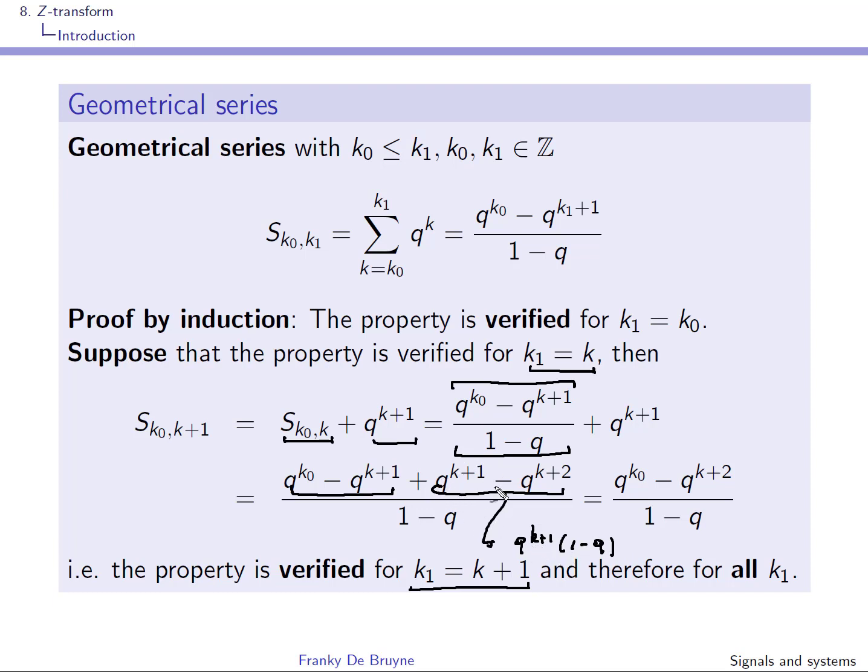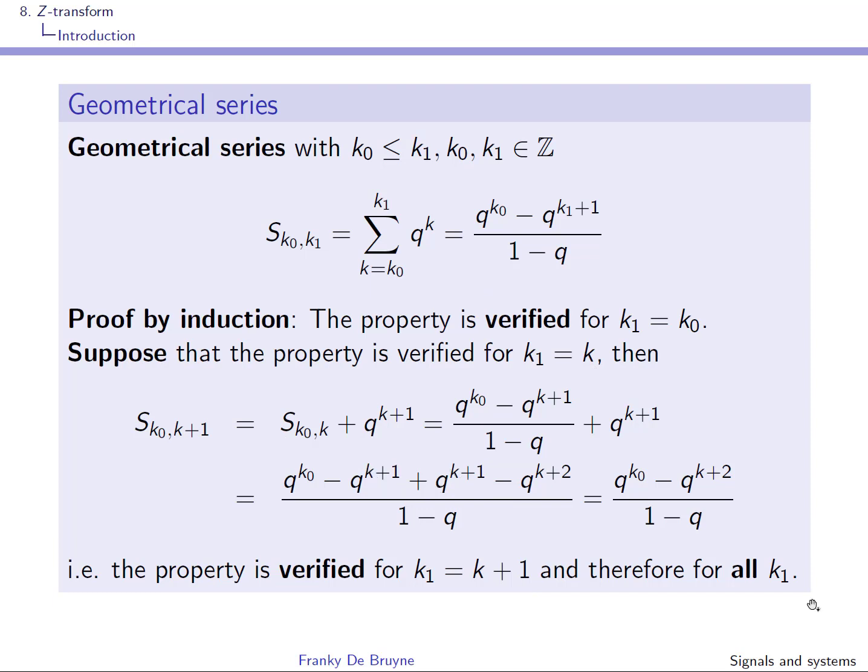Okay, so q to the power k plus 1 minus q to the power k plus 2. These two will compensate each other, and we are left with this formula over here. And this shows that this formula, if it holds for k1 is equal to k, well, it holds also for k1 is equal to k plus 1, and therefore for all k1. So we have shown that this property holds.